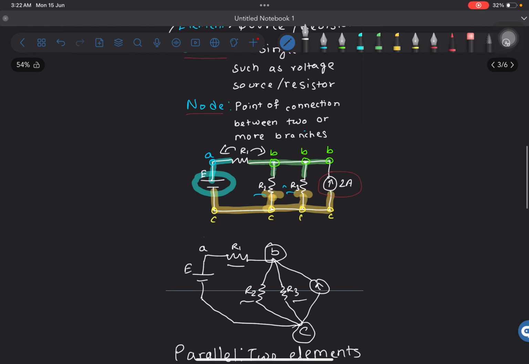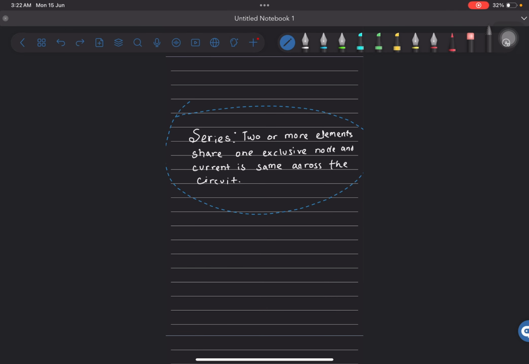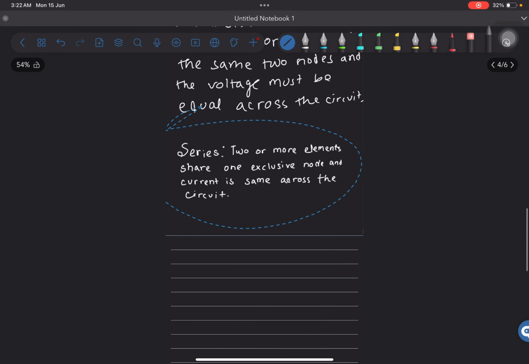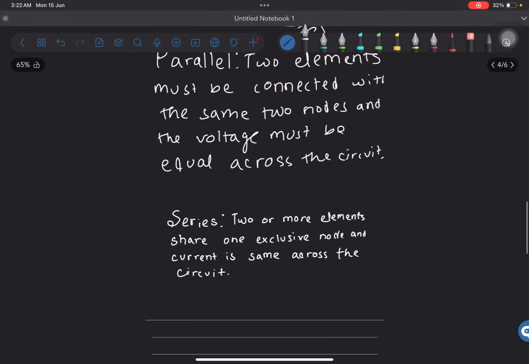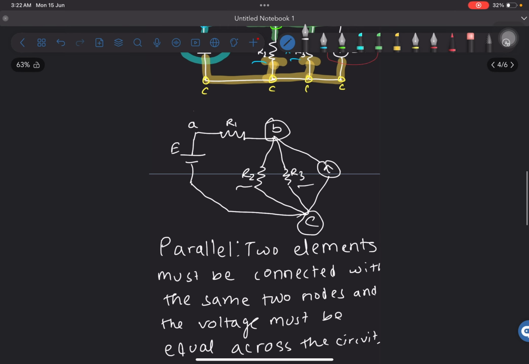Why? Remember, when we wrote this definition of series, we said two or more elements share one exclusive node. So what does exclusive mean? Well, over here, if these two did not exist, let's say this did not exist, we could have easily said that R1 and R2, they are in series.